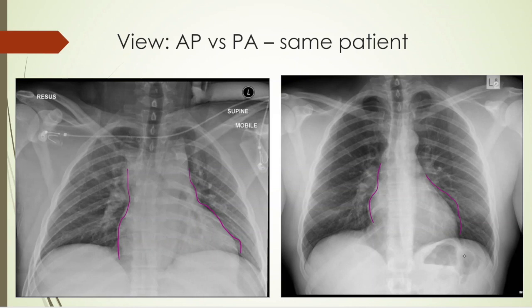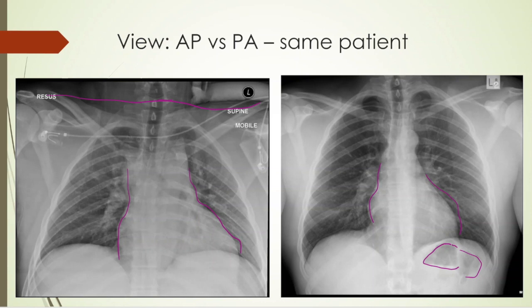You can see the gastric bubble that shows up on the PA view because they're standing up and the gas has risen, and you can pick that out pretty easily. It's missing here on the AP view. You can see on the clavicles on the AP view how the clavicles are up higher than the lung fields. That's an indication that it's an AP film.